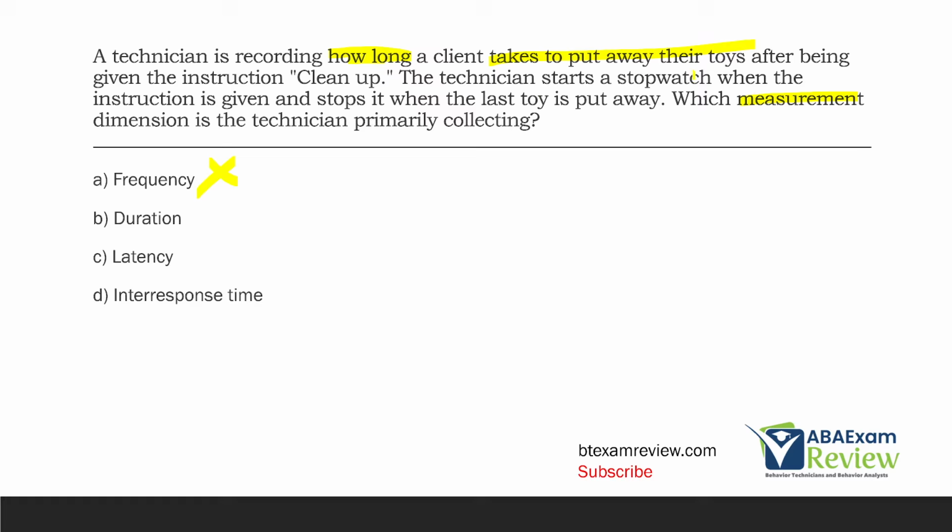How long a client takes to put away their toys after being given the instruction, clean up. We're going to look at when the measurement starts, right? So when the instruction is given, we start the stopwatch. Once the last toy is put away, we stop the stopwatch. So we're measuring the entire duration of cleaning up. That is our measurement. This is our duration, right?